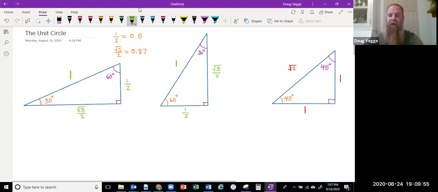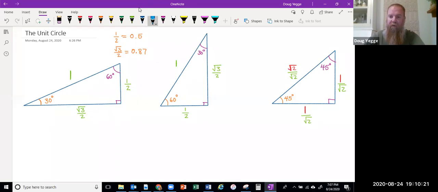And now for this 45, 45, 90, same idea, but now we recognize that this root 2 has to be divided by root 2 in order to turn into 1. So if we divide this by root 2 as well, and divide this by root 2 as well, then we've maintained a similar triangle, but now the side lengths are going to be different. They're the same proportion, but a little different.